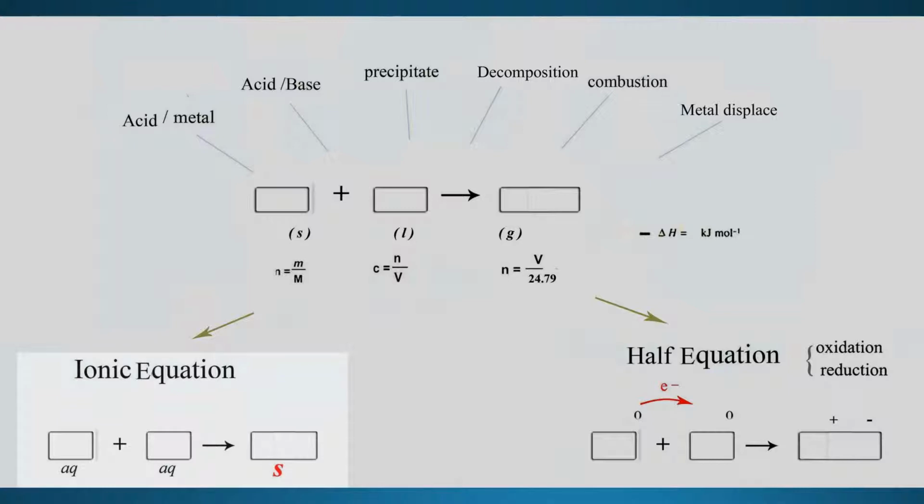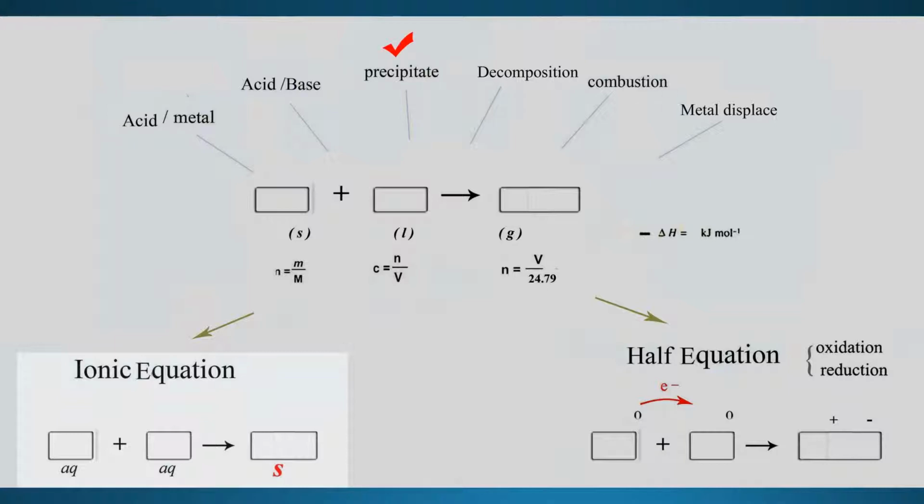In ionic equation form, pay attention to the aqueous state changing into solid or changing into gas or changing into liquid water. So when you see the change, you can easily do a lot of equations like precipitation.